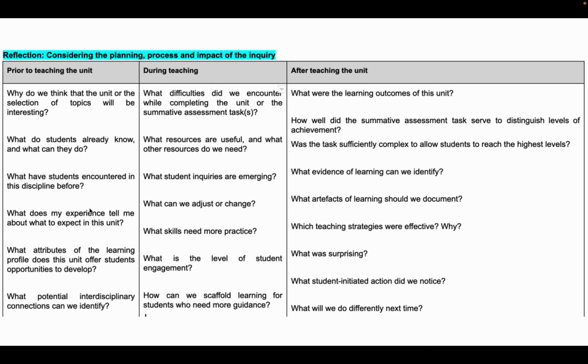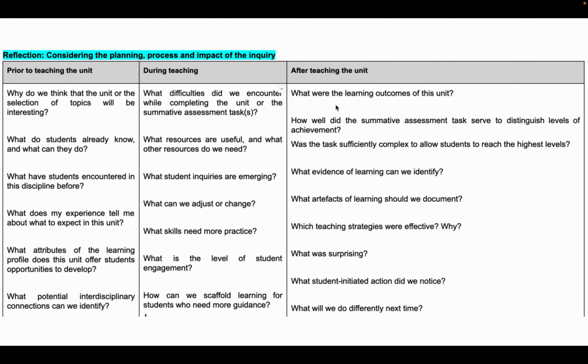And at the end of the unit, there's opportunities to reflect. There's a list of questions here that a teacher could consider while making the unit before they actually teach it, and then revisiting it while they're teaching, and then after they teach. And there are lots of surprises when actually teaching a unit.